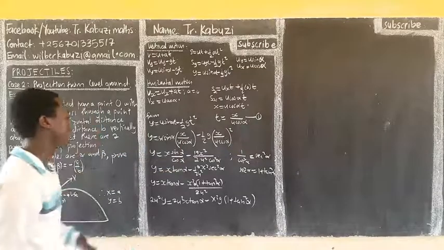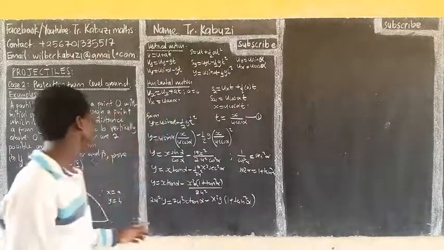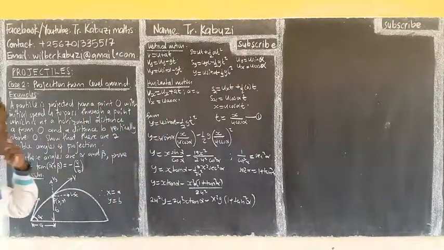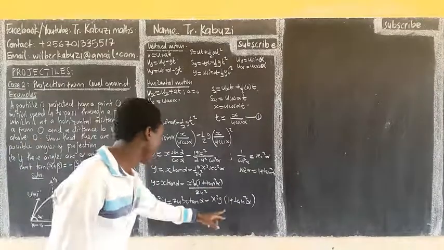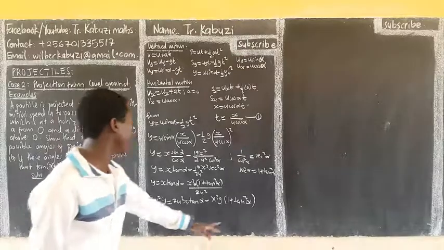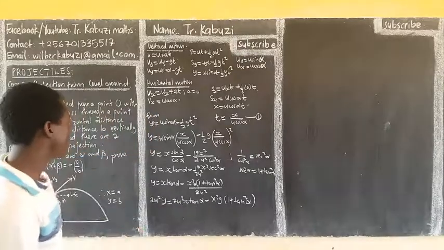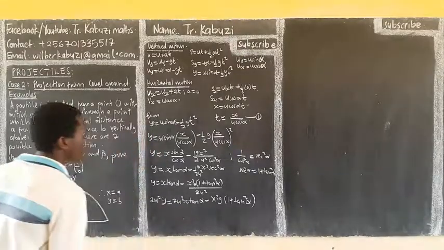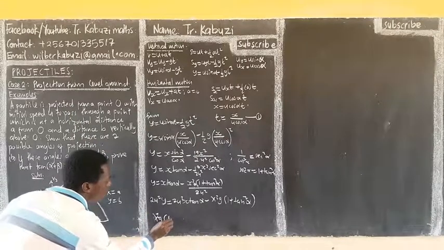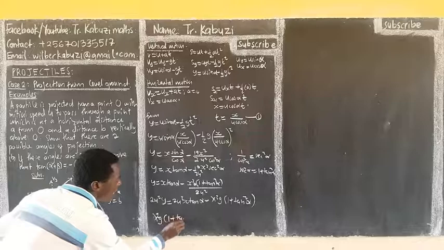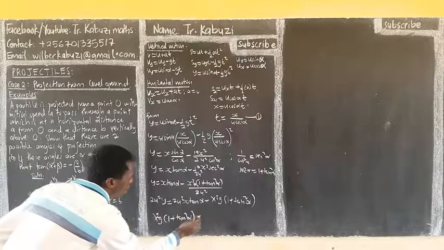I want to form a quadratic equation, because for it to have two angles, I should have a quadratic equation there. So if I take this side, I'll have x squared b, 1 plus tan squared alpha.